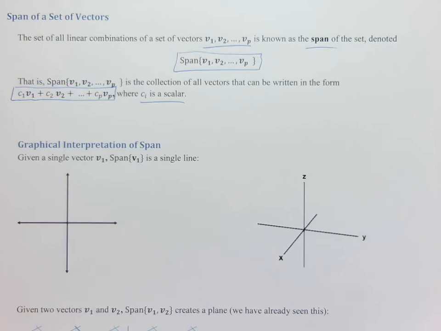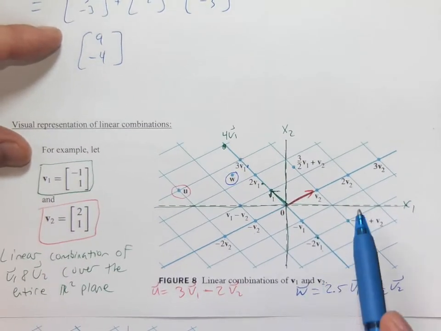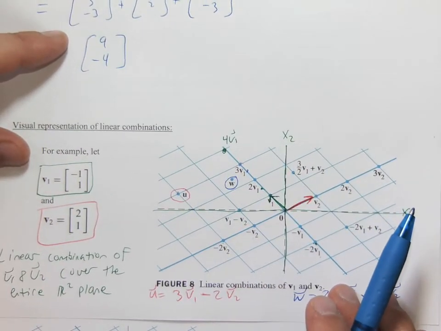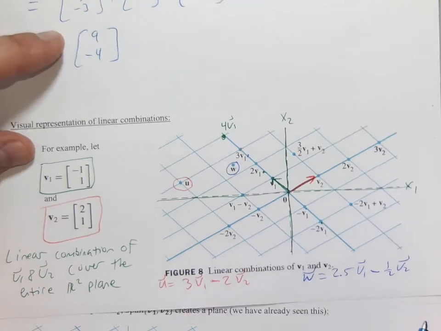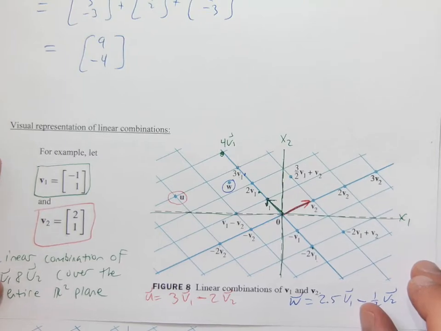Okay, so switching back to the last page, this image is a visual representation of the span of v1 and v2. Right, it's showing all the different possible linear combinations of v1 and v2.